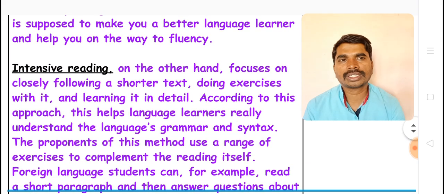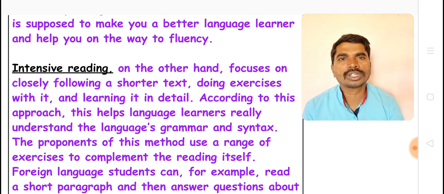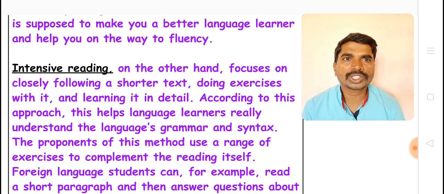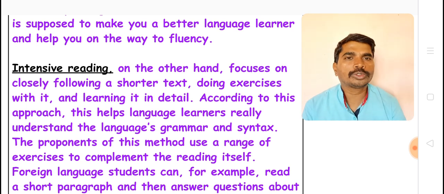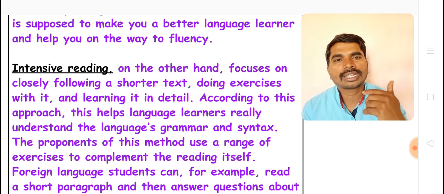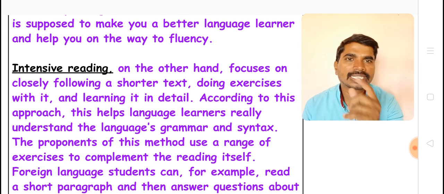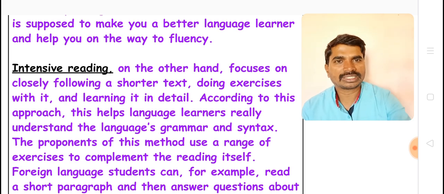Intensive reading, on the other hand, focuses on closely following a short text, doing exercises with it and learning it in detail. According to this approach, this helps language learners really understand the grammar and syntax of the given passage.